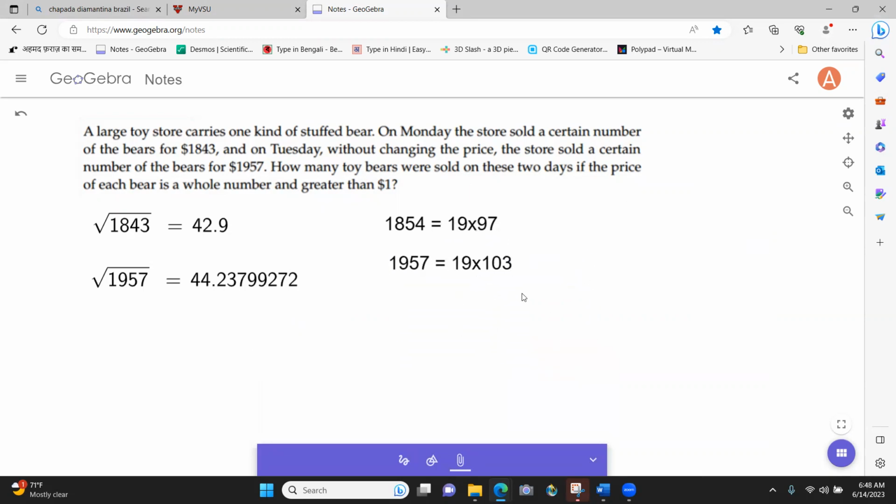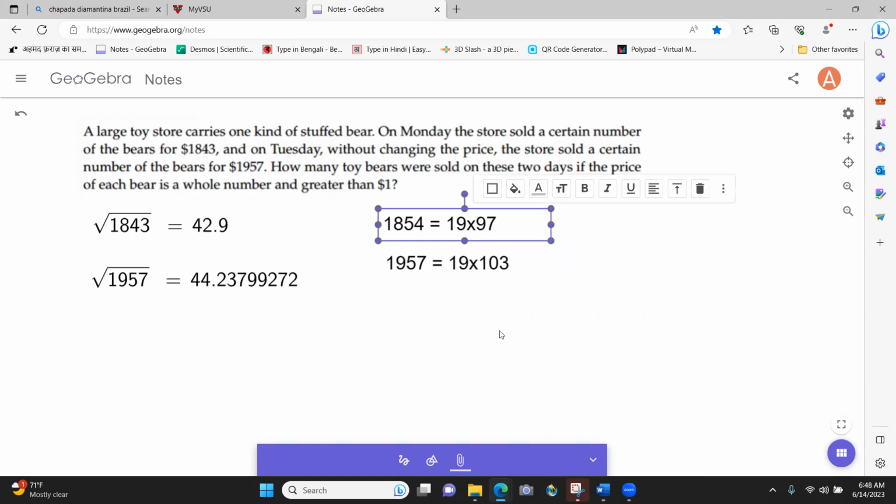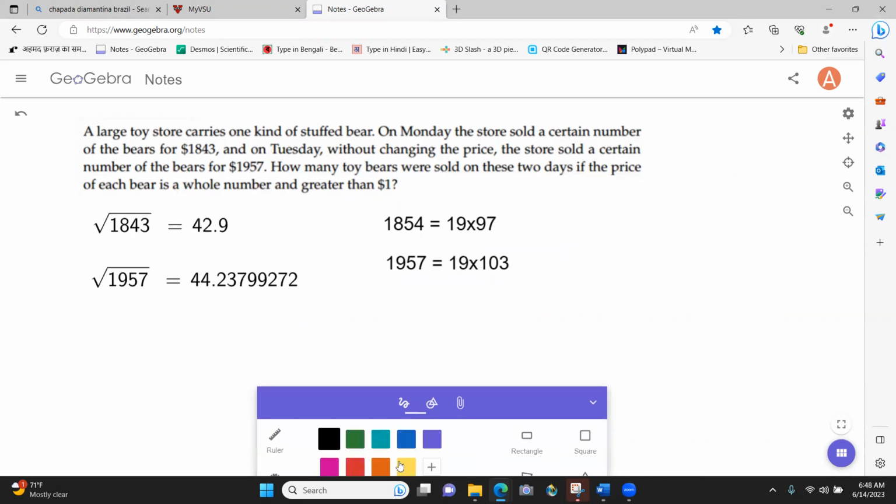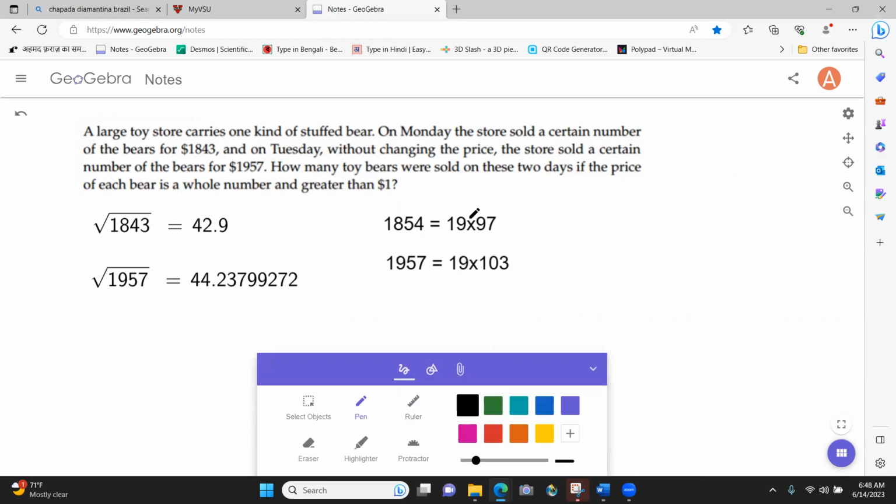Now, how many toy bears were sold on these 2 days if the price of each bear is a whole number greater than one? The price has to be 19. Has to be. Why? Because that's common. On day one, they sold 97 toy bears, each cost 19.